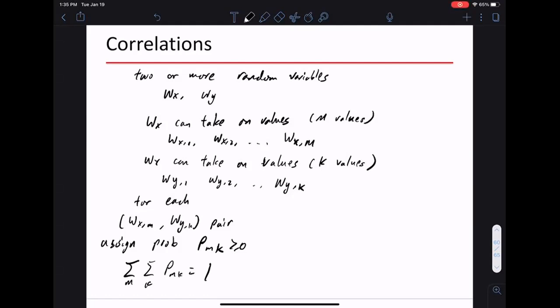So this is for 2 random variables. I now have a double indexing, and I assign a probability to each of the pairs. For 3, I have a triple, and I need to assign probability to each of those combinations. In practice, it's not uncommon for a farm to have 100 turbines, and I need a 100-dimensional thing to talk about probability. That is exponentially more complicated than looking at each turbine one at a time.